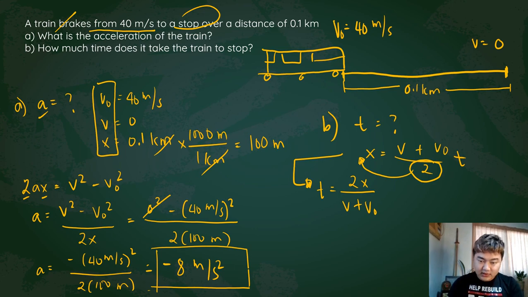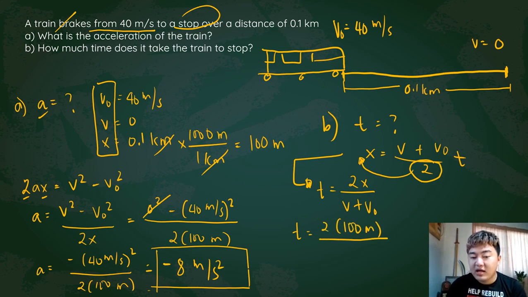Substituting our values, you have time is equal to 2 times 100 meters over your final velocity, which is 0, plus 40 meters per second. So of course that's 0. That's just 40 meters per second.